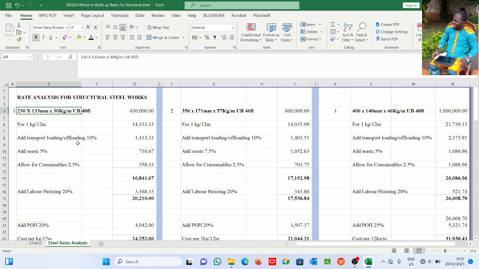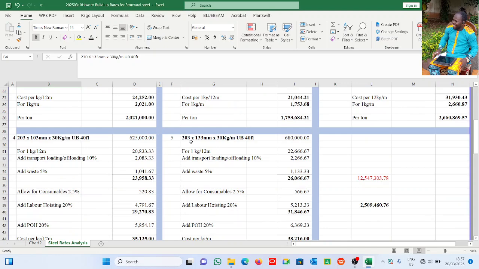I have this item here, which is 230 by 133 by 30 kg per meter. It comes in 40 feet, as you can see here. The same thing, this is 356 by 171 by 57. It comes in 40 feet.